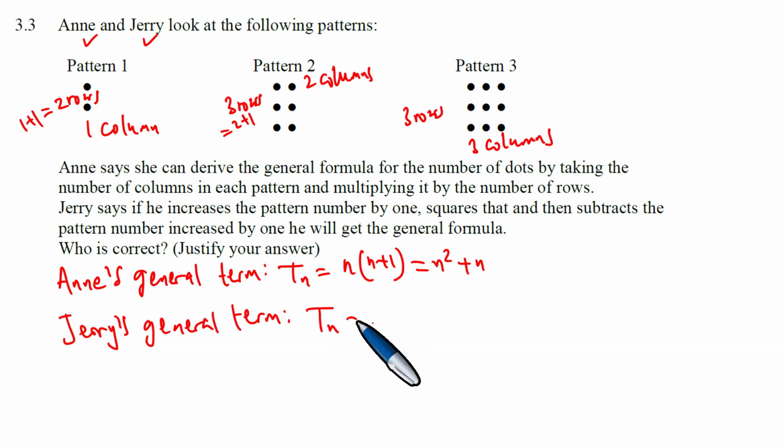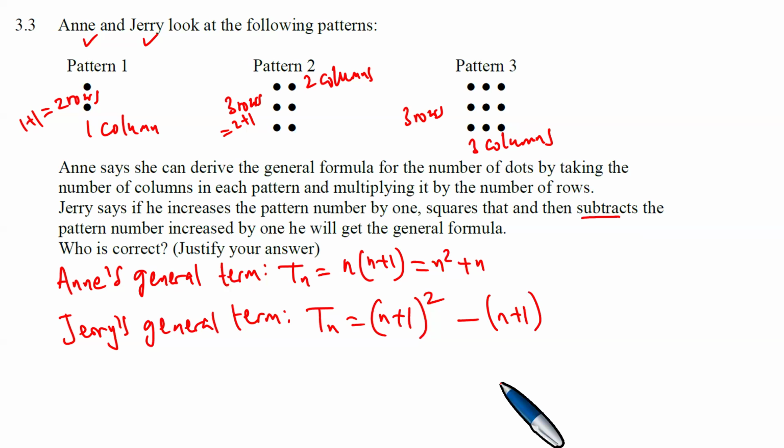So he takes the pattern number, which is n, increases it by 1, and squares that. Then he subtracts the pattern number increased by 1. If you look at Jerry's, n squared plus 2n plus 1 minus n minus 1, meaning it is n squared plus n.